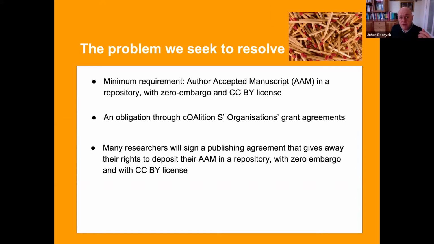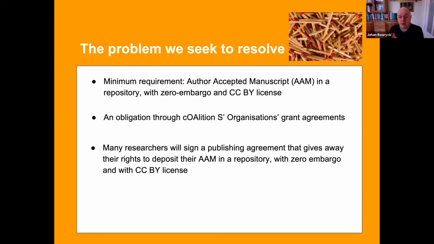And the problem, of course, that we have is the contradiction that exists between, on the one hand, the agreement with the funders, where authors will have agreed with the contract that they sign with the funder that they will make sure that the work is made available open access.